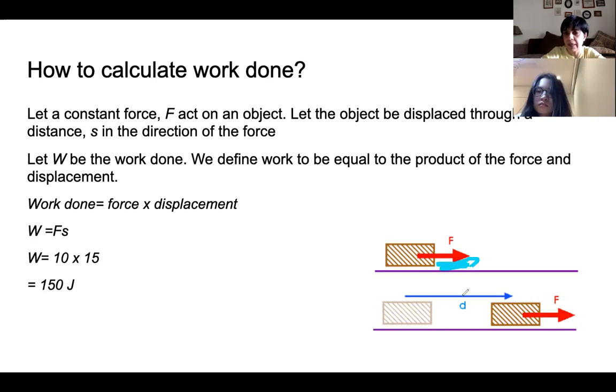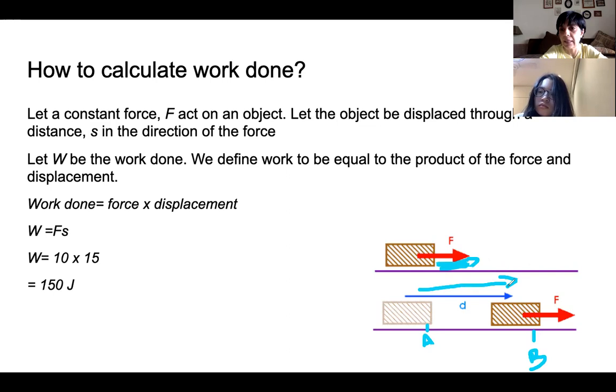When the force is applied in this direction, the object has moved from point A to point B. Displacement is also in the same direction. So this is the case in which work is done.